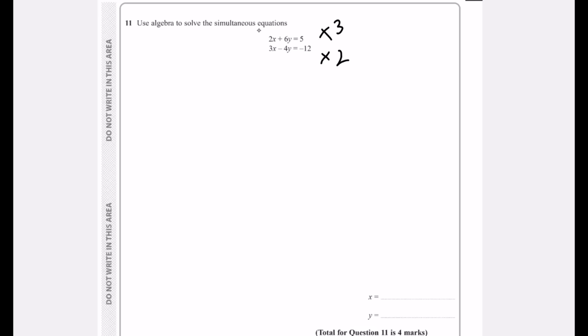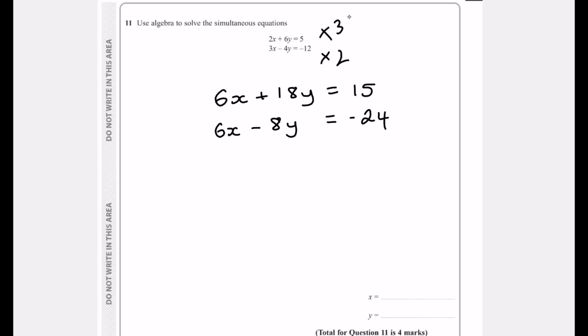So I'm timesing the whole top equation by 3, the whole bottom equation by 2, which will give me 6x plus 18y equals 15. The whole bottom equation times 2: 6x minus 8y equals negative 24.